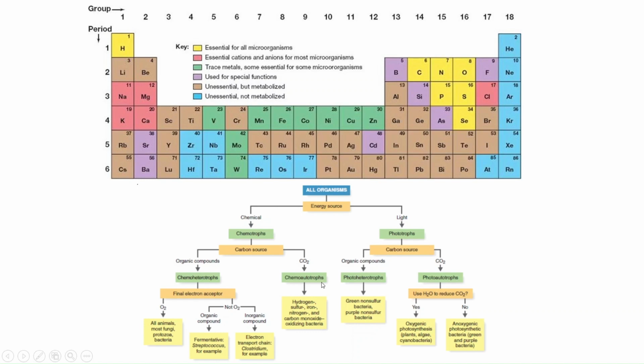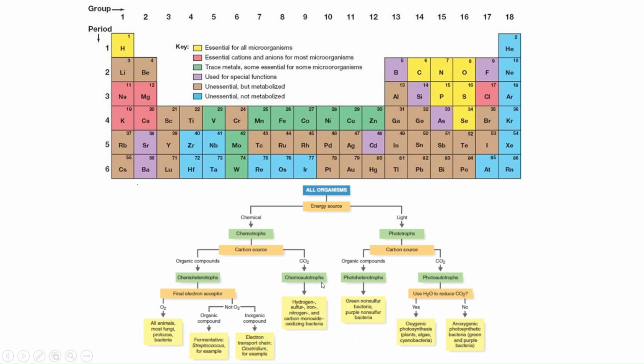In the case of chemoheterotrophs, the final electron acceptor may or may not be oxygen. In the case of oxygen, almost all fungi, protozoa, and bacteria have oxygen as their final terminal electron acceptor. Whereas there are two possibilities when the final electron acceptor is not oxygen: it can either be an organic compound or an inorganic compound.